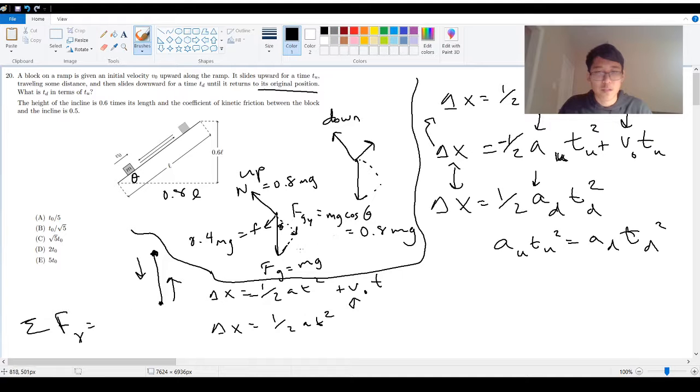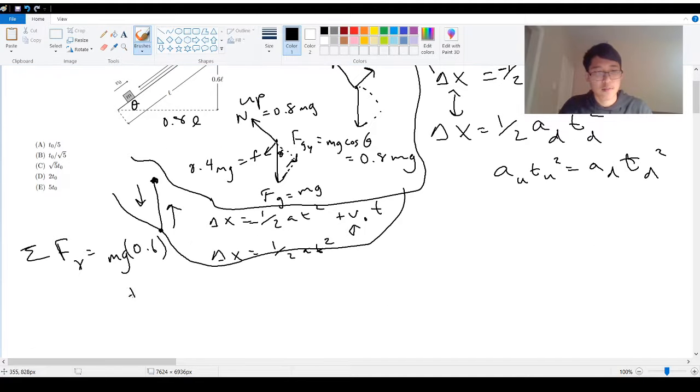It's going to be the x component of the force of gravity, which is mg sine of theta, but sine theta is just 0.6 L over L, which is 0.6 mg, and then plus the force of friction, 0.4 mg. That's equal to ma. So obviously this is equal to just mg, so a is equal to g when it's going up the incline.